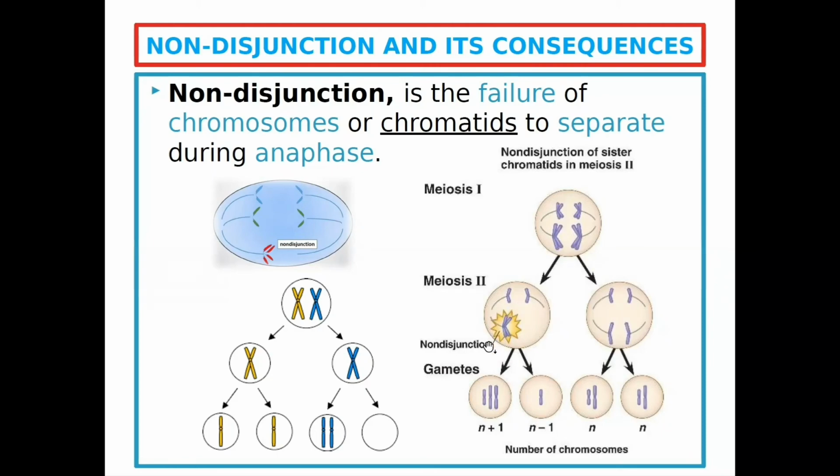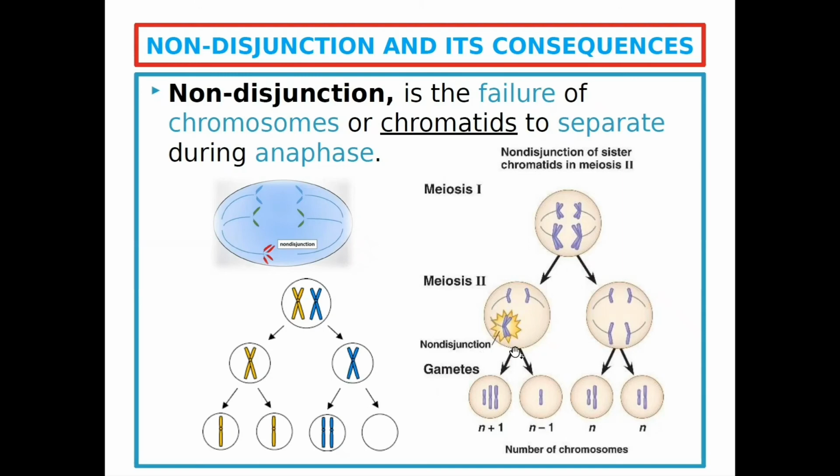So instead, it goes to this side. So you have a non-disjunction, that one. If there was a non-disjunction, only then is there a disorder of formation. In non-disjunction, it's not a disorder. Okay? In non-disjunction, it's a condition that leads to a disorder.